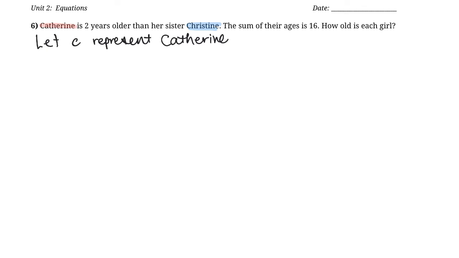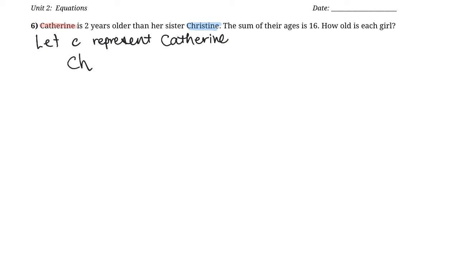Now, a common mistake that students make is they think, well, let me use then CH to represent Christine. However, the problem with this is that you cannot use 2 letters at a time. Remember, 1 letter or 1 variable has to be assigned to each item or each person. You can't pick 2 letters because this would look like these 2 variables side by side were being multiplied together.